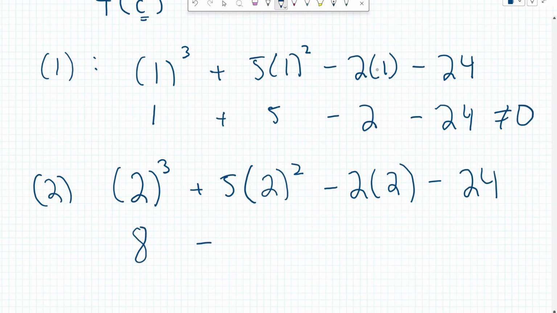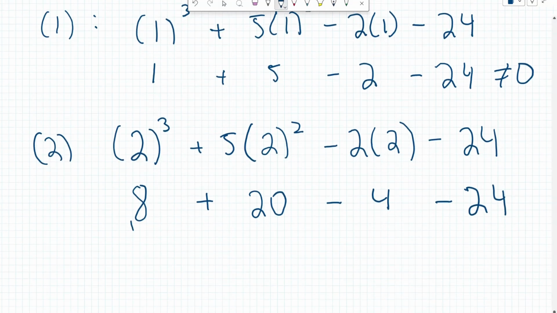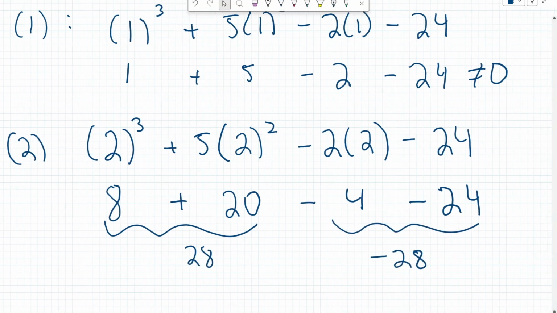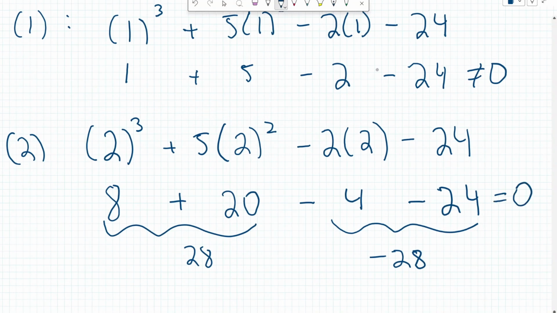That's 8 plus 5 times 4, which is 20, minus 4 minus 24. So this here makes 28, this here makes negative 28, so that means that this equals 0. Hooray! We've already found a possible root for this cubic polynomial.